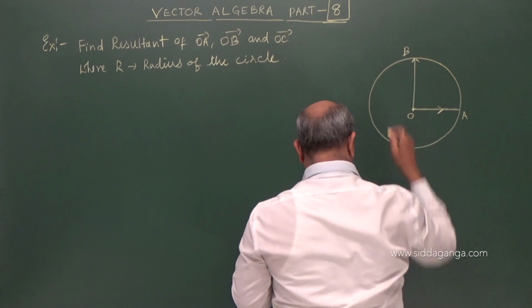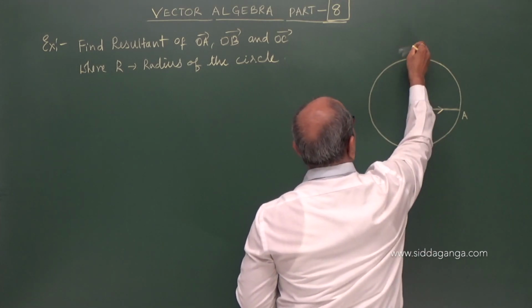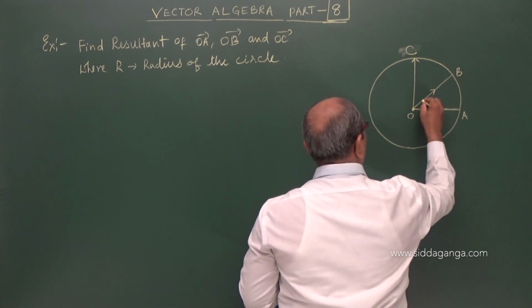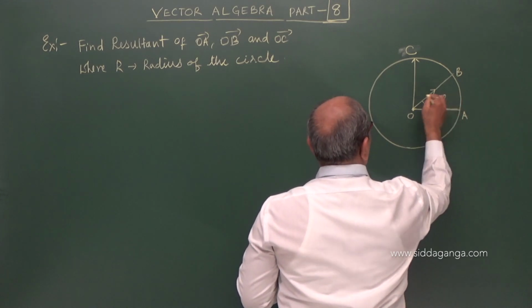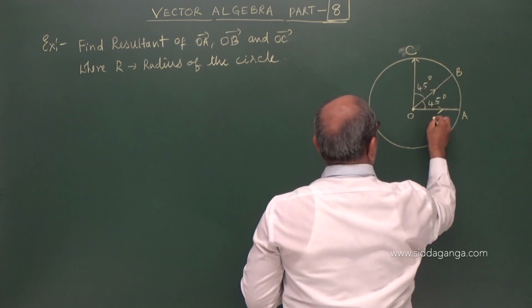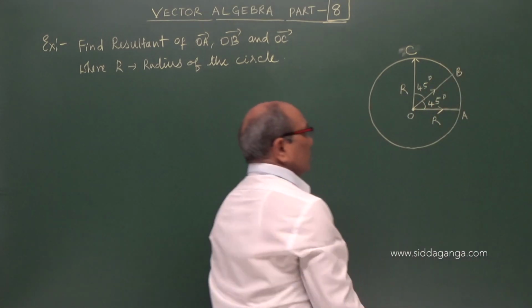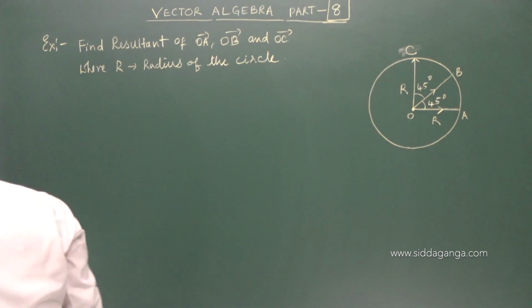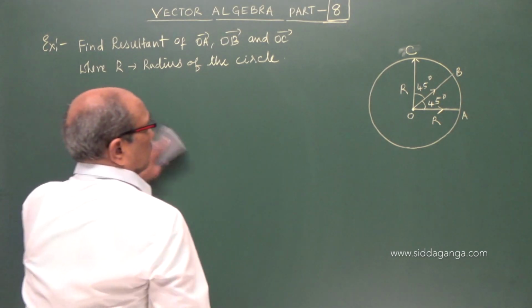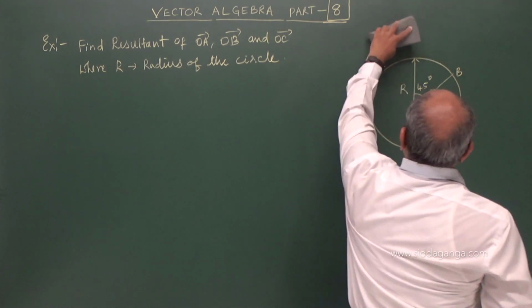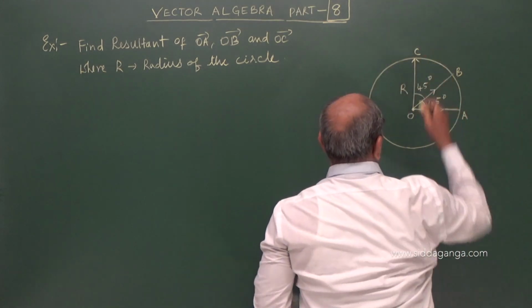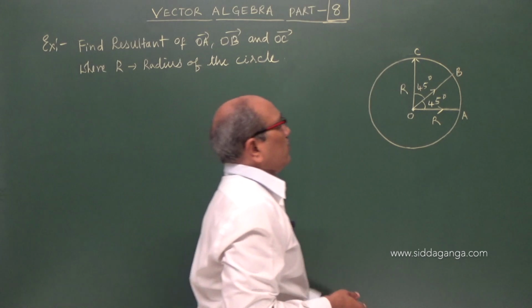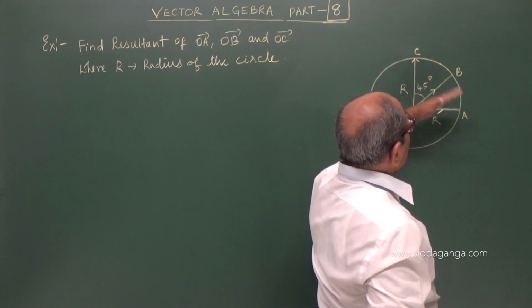OC and OB are at 45 degrees, this is R, this is R. So I have to find the resultant of 3 vectors.